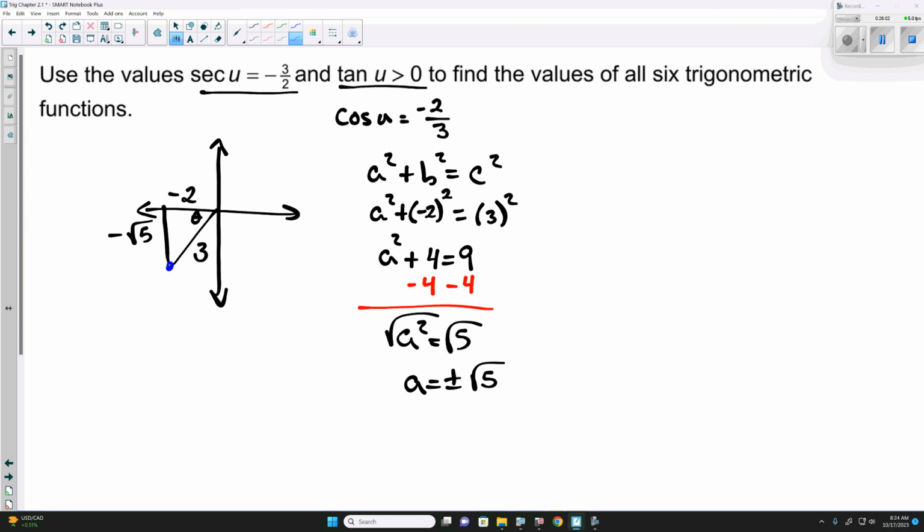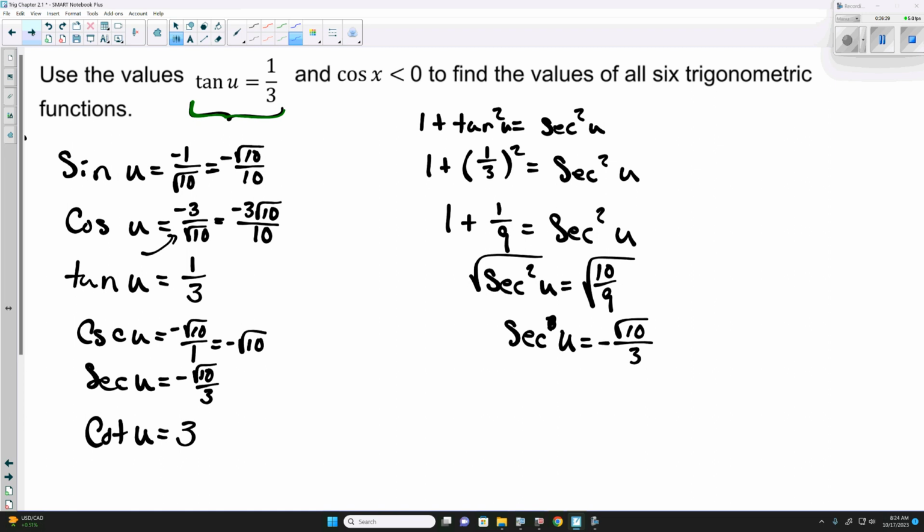And I realize I don't think I actually said this last year, but really what we just found is this point out here, -2, negative square root of 5. From the last chapter where we were given the point and had to find the 6 trigonometric functions, essentially that's what we did. We set that up, then we can use it to solve the rest. Both work. Questions on this here?